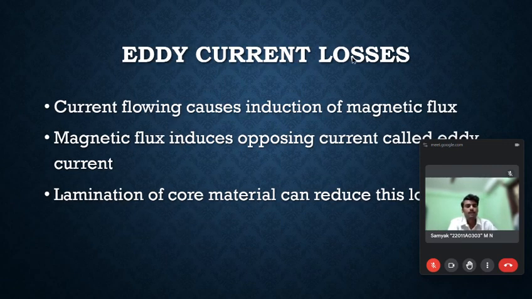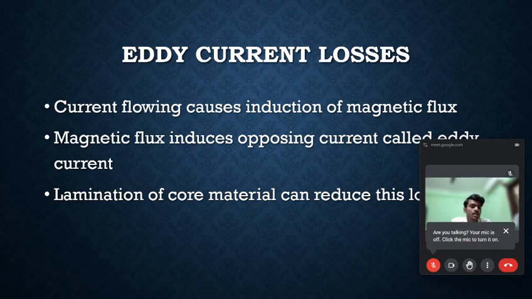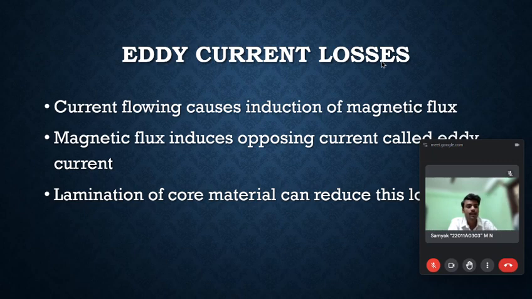Eddy current losses. Let us first understand what eddy current is. Eddy current is that current which is induced because of a magnetic flux, and it opposes the direction of current that is already happening, or the direction of current that we want.